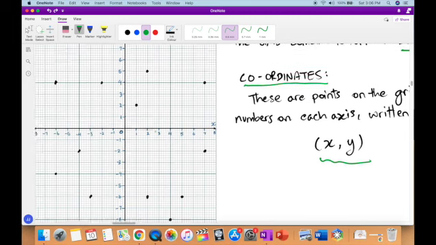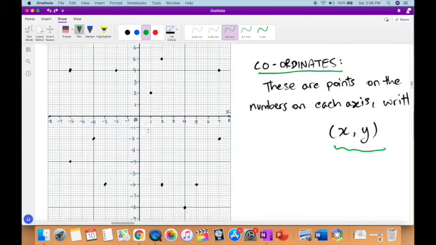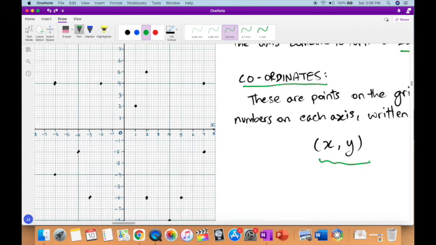Now another way I could draw my axes, if you look at it, I have the 0 point here, and you can see that on the x line I have the positive numbers in this direction, and I have the negative numbers in this direction, yeah. So negative x values would be on this side, positive x values would be on this side, right?